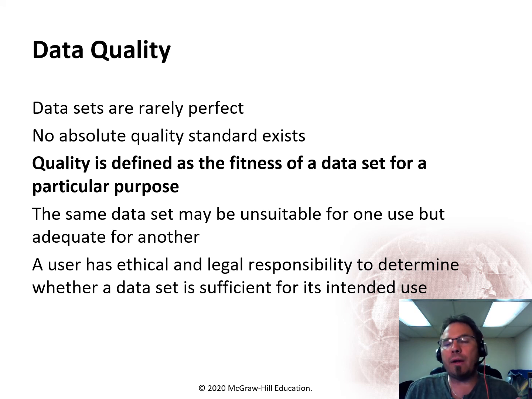Now, data quality is something that, when you're doing a GIS project, you always have to have in the back of your mind. So you can see from this slide, data sets are rarely perfect. Especially in the raster world, you'll end up with things like outliers or what are called sinks if you're doing hydro analysis.